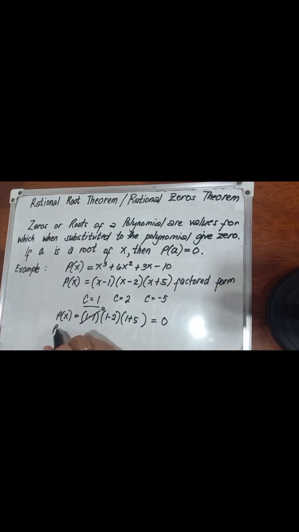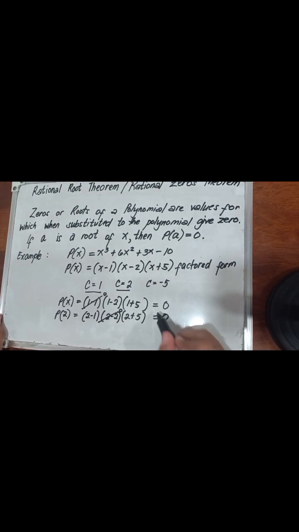If we substitute c equals 2, then that is 2 minus 1 times 2 minus 2 times 2 plus 5. Again, 2 minus 2 is 0, and any number multiplied by 0 is equal to 0.